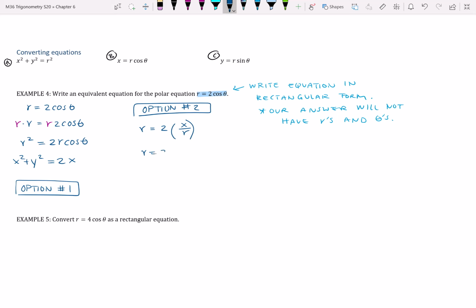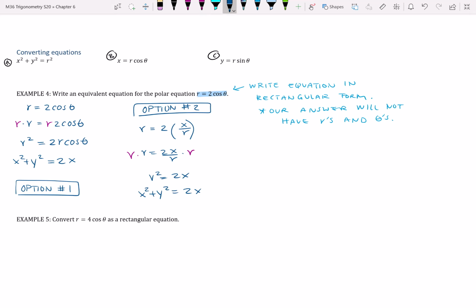They multiply both sides by r to isolate that x. It gives us back the same thing: r squared is equal to 2x, and we know that r squared is x squared plus y squared. So we get the same thing again. These are just different options, and you're not limited to these. You can do whatever you want. I'm just giving you an intuition on how we would attempt these.